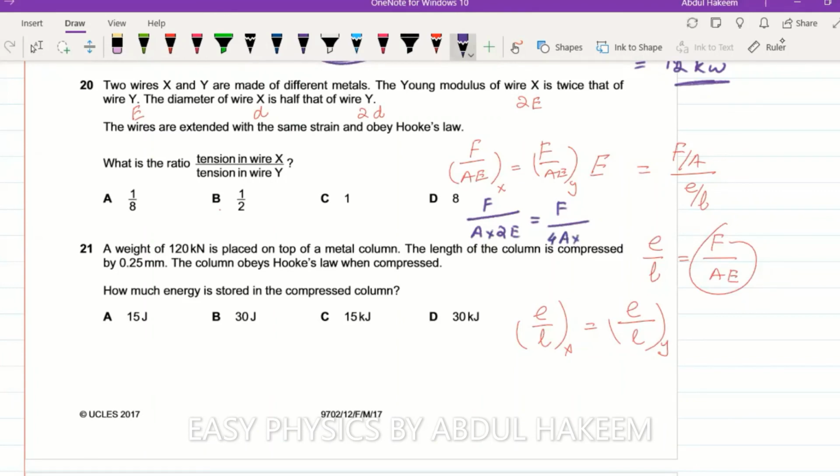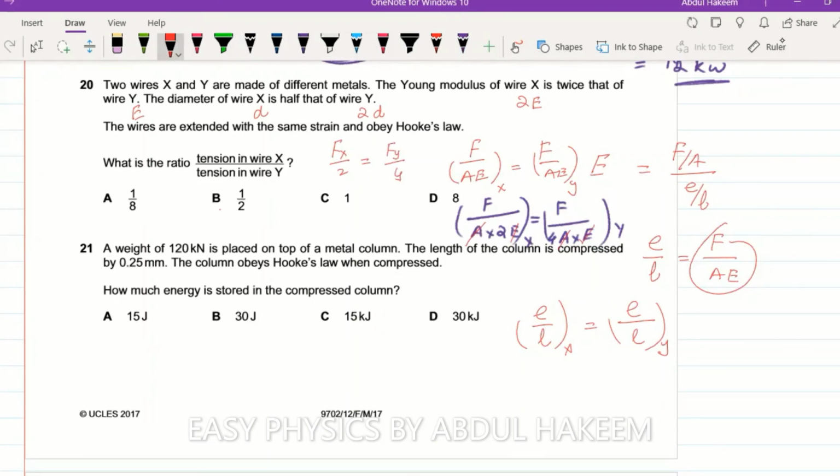And multiply by the Young modulus of the Y, which is E. So this is for the X, this is for the Y. Now A cancelled, E cancelled. So we are left with F of X divided by 2 is equal to F of Y divided by 4.